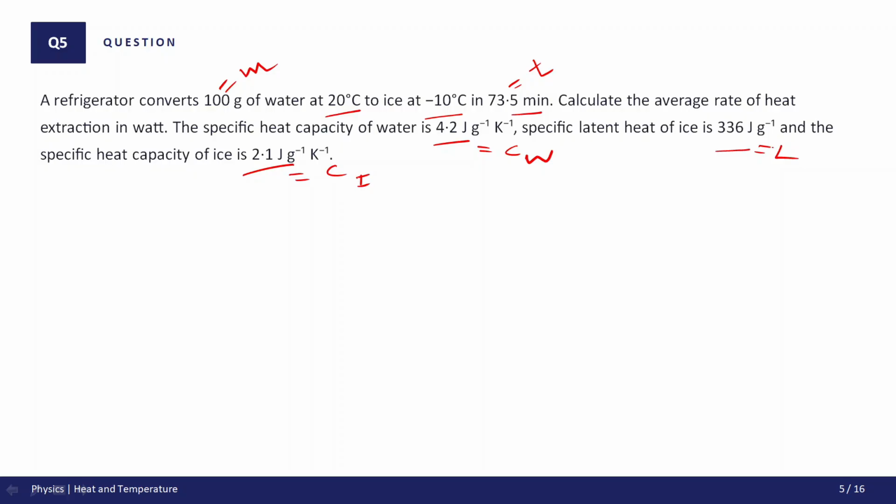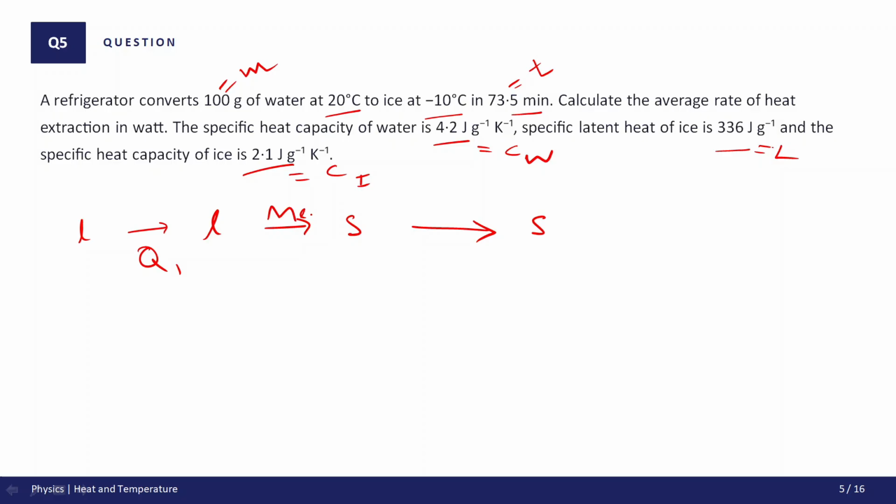So water to water first, water to ice, ice to ice. There are three processes here. So I will write one by one here. So first, liquid to liquid, then liquid to solid, then solid to solid. So here state remains same. So we will use here energy is Q1.